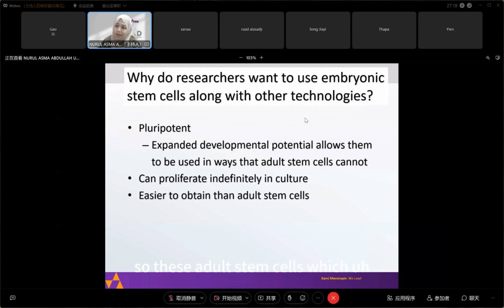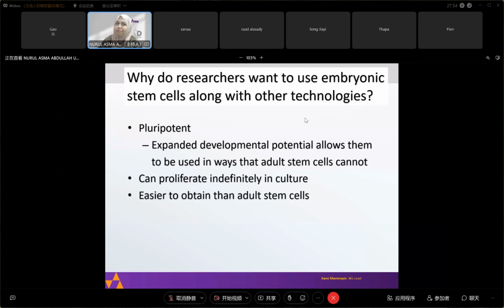These adult stem cells, which are referred to as multipotent stem cells, have limitations in terms of the differentiation capacity. So in terms of advantages, of course, embryonic stem cells have more advantages compared to multipotent stem cells, because they can proliferate indefinitely in culture, with a very high proliferation level, and they are also easier to obtain than adult stem cells.